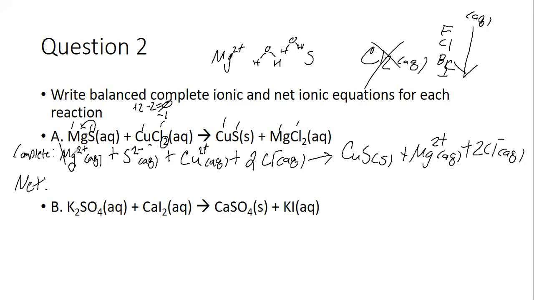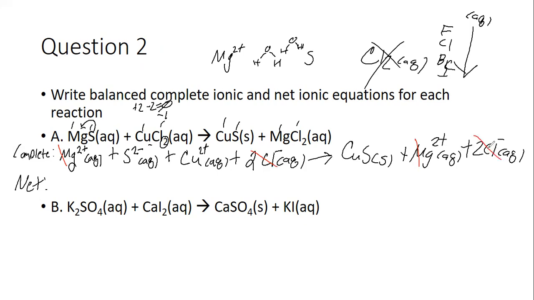So I have magnesium. Let me change my pens now. Let's undo that. So I have magnesium 2 plus on one side, magnesium 2 plus on the other side. They cancel out. I have 2 chlorine minus on one side, 2 chlorine minus on the other side.